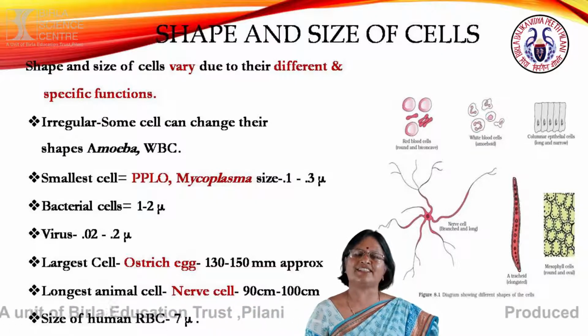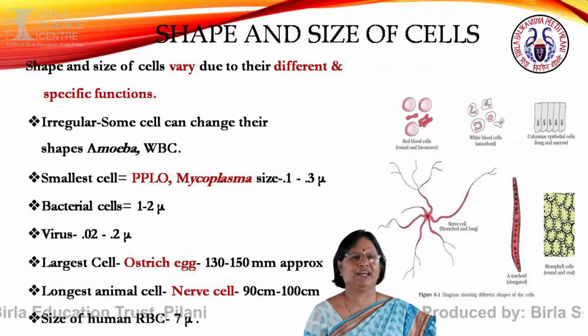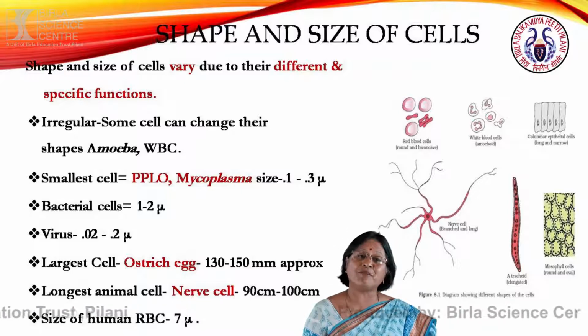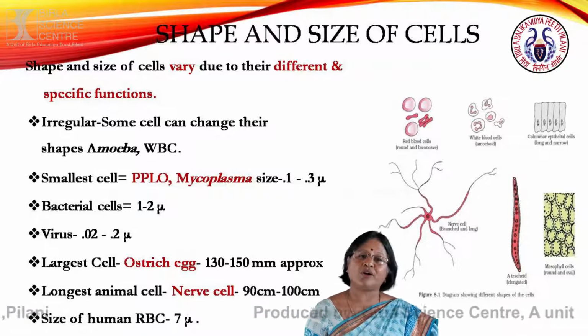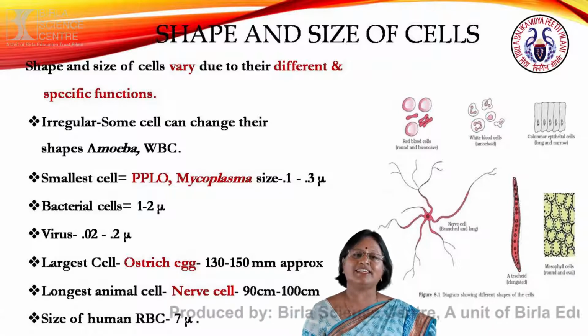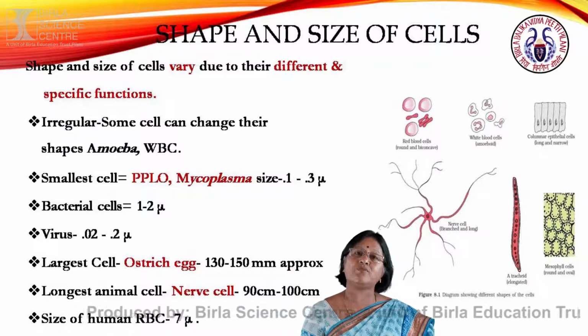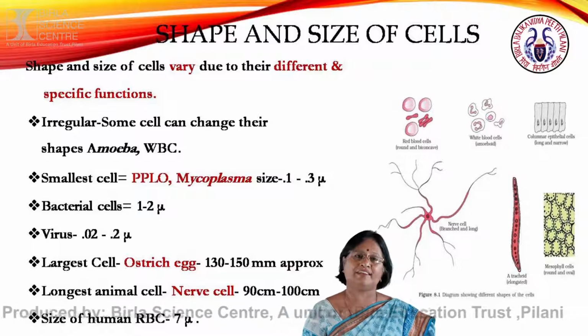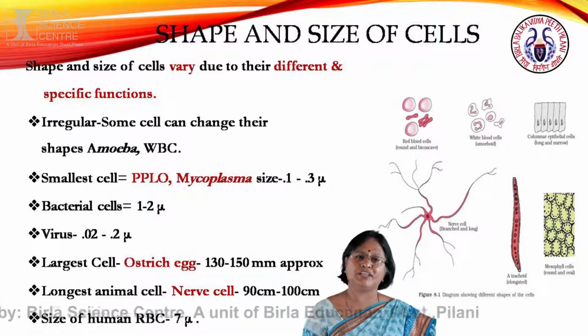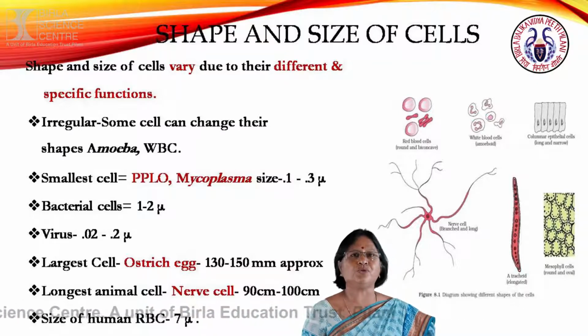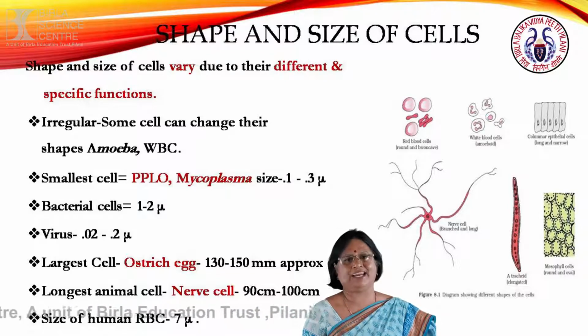Then a bacterial cell size is 1 to 2 microns. The cell of a virus, actually we should not call it a cell. The virus is an acellular structure. And what is the size of the virus? The size of a virus ranges from 0.0 to 0.2 microns.